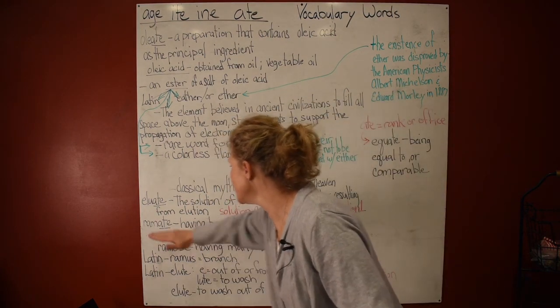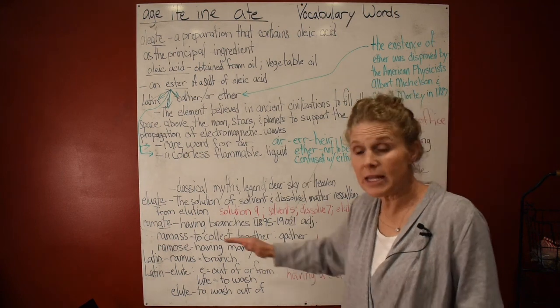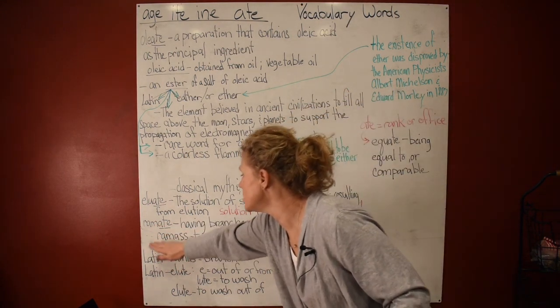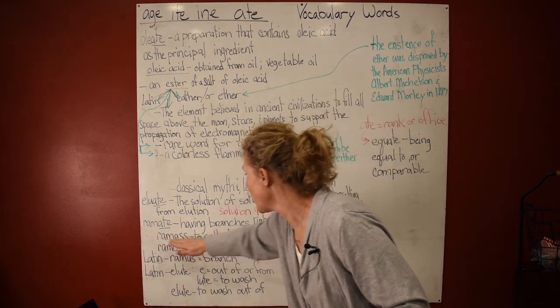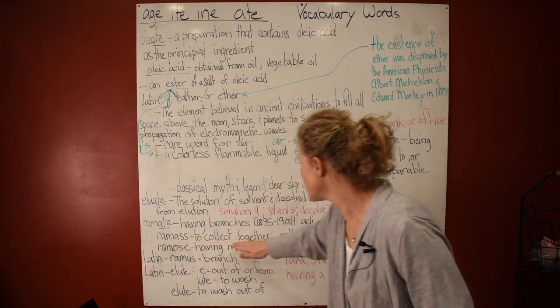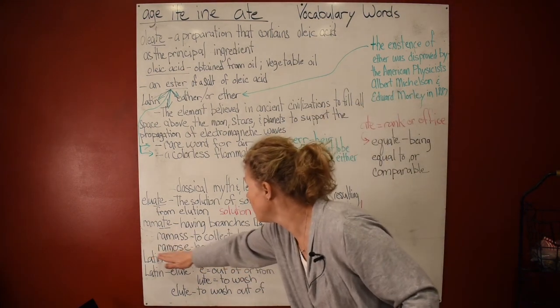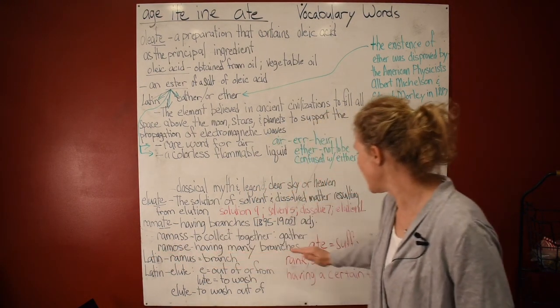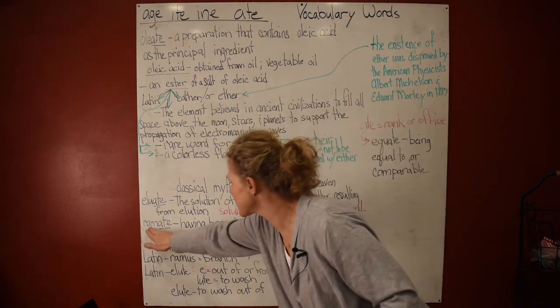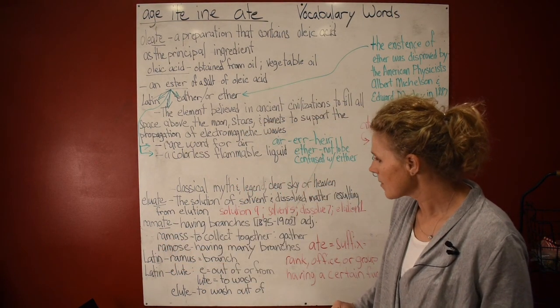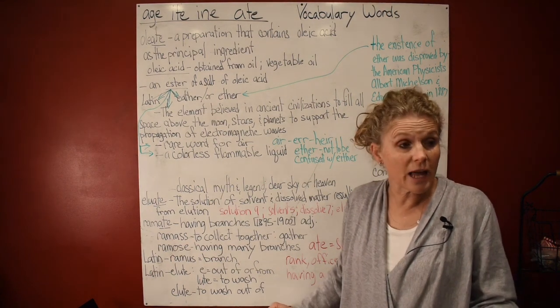So this is an adjective, meaning having branches. It can get confused with these words: ramus, to collect together or to gather, and ramose, having many branches. These ones actually get really confused. They're confusables. But let's go down into the Latin origin.